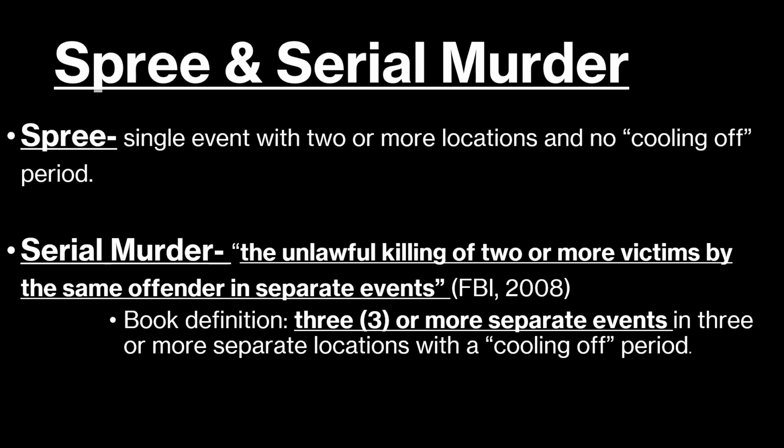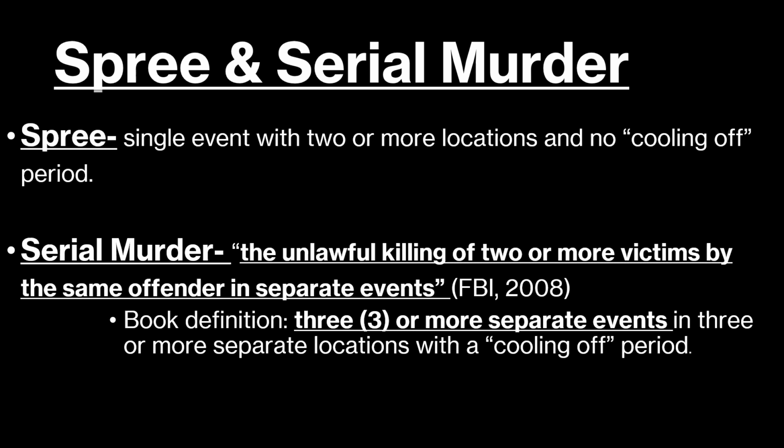The single, double, triple homicide, and then the mass murder all took place in one location in one incident. What happens when murder happens across multiple events or multiple locations during a prolonged period of time?